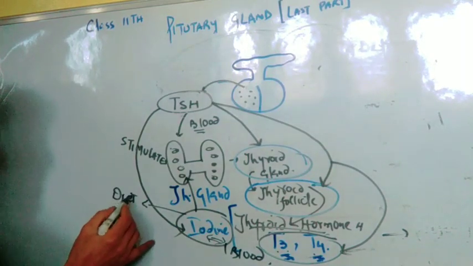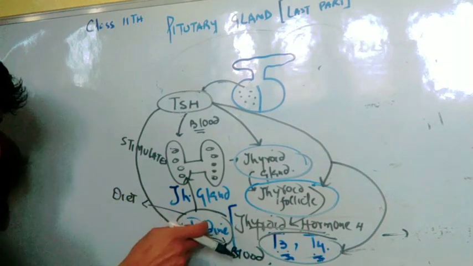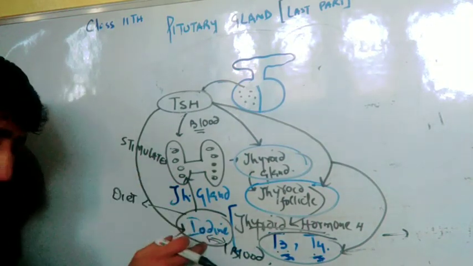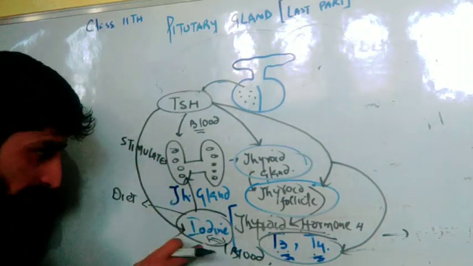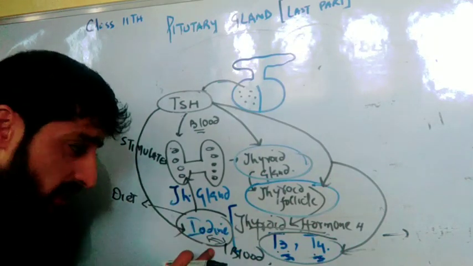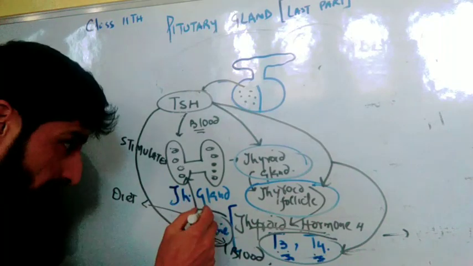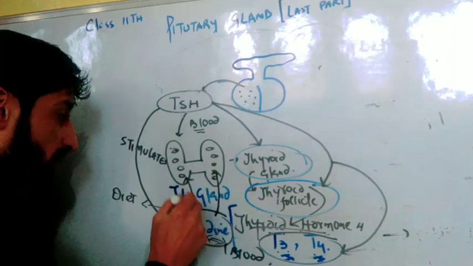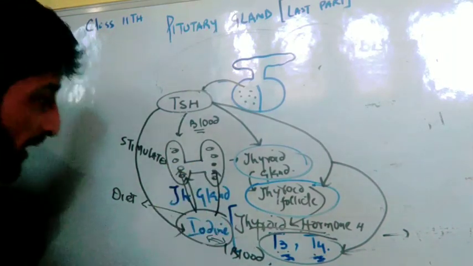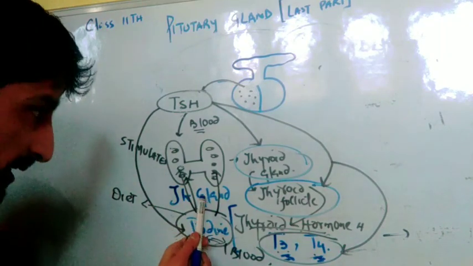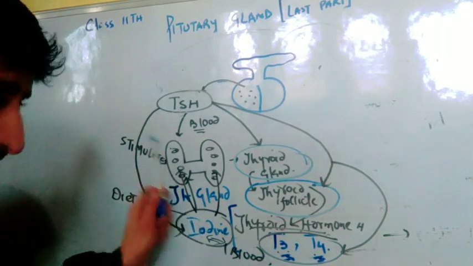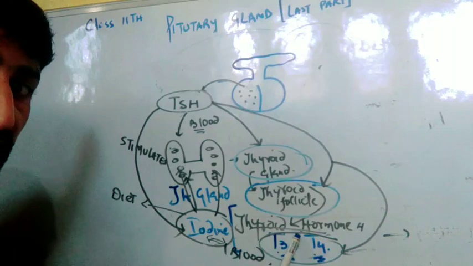From the diet, iodine is taken, and it is present in blood. From the blood, iodine uptake occurs, and iodine enters the thyroid gland. Iodine enters the thyroid follicles, and this iodine is used for the formation of thyroid hormones.